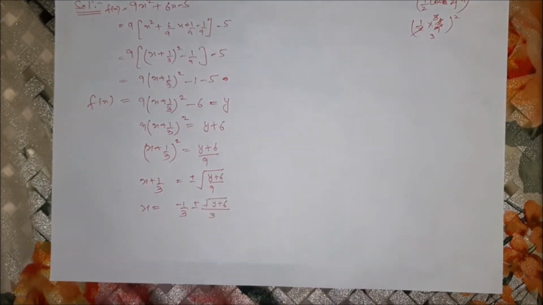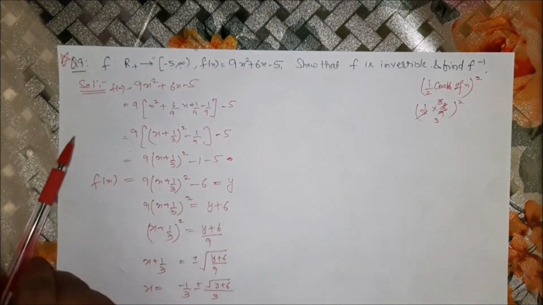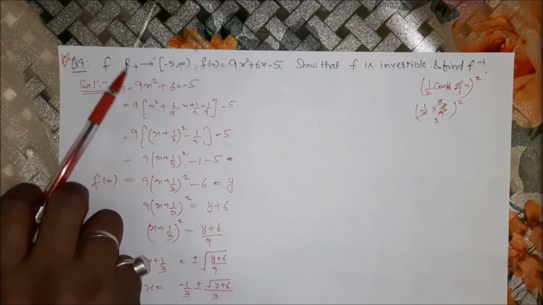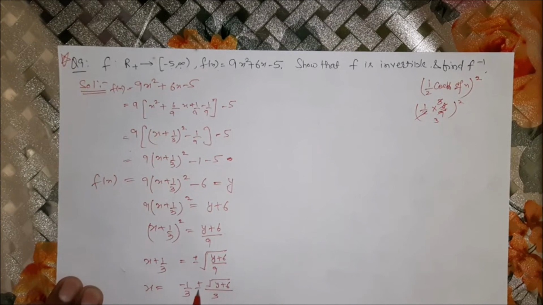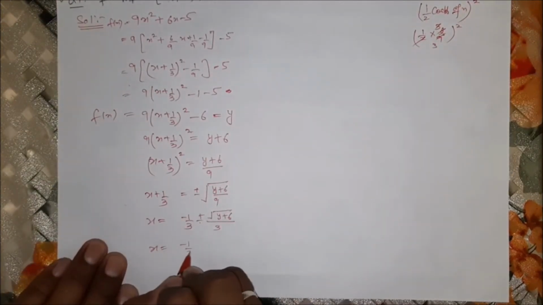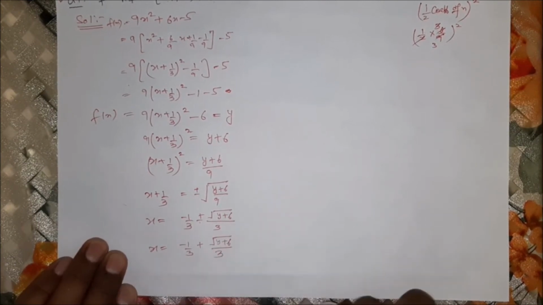Square root of 9 is 3. Okay, so in this way we evaluate this. But remember, in this question you are given a positive real number. So for this we have to ignore the minus sign, and you have to take only minus 1 by 3 plus root (y plus 6) by 3.